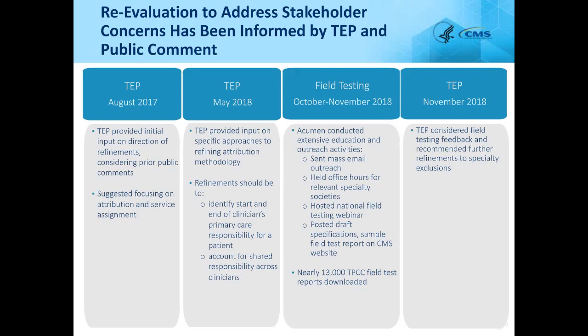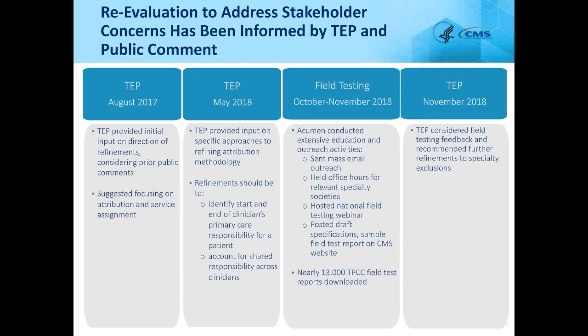We took that feedback from field testing that we received from stakeholders, consolidated it, and took it back to the TEP in November 2018 to ask a range of questions that were motivated by the comments we got during field testing. And a lot of that discussion focused on the attribution question of whether certain types of specialties should ever be considered for attribution in TPCC.